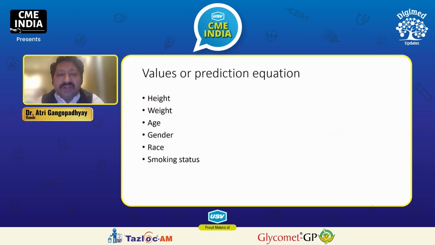Spirometry is incomplete without something known as the prediction equation. This prediction equation depends upon height, weight, age, gender, race, smoking status. I would want to share a secret with all our panelists here. Our moderator, Dr. Devi Jyoti, when she was doing post-graduation at Delhi, she was doing it under a certain professor known as Dr. S.K. Chhabra.